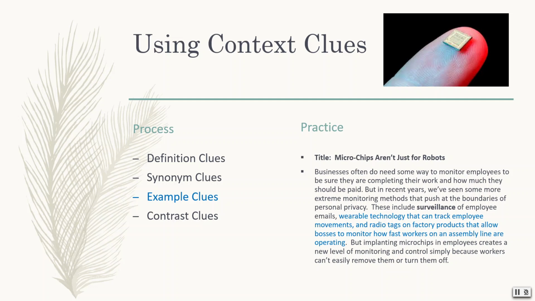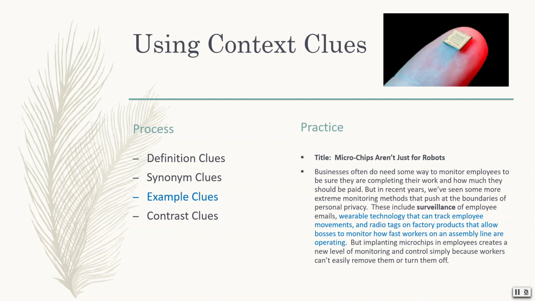Well, I took one right from your reading, and you see in the dark print in the reading passage the word surveillance. I want to just model to you how an example clue is showing up in the reading itself. In that particular part of the passage, it says, these include surveillance of employee emails, wearable technology that can track employee movements, and radio tags on factory products that allow bosses to monitor how fast workers on an assembly line are operating.